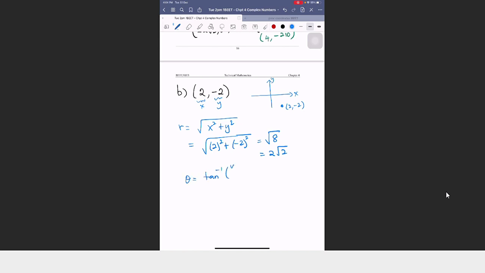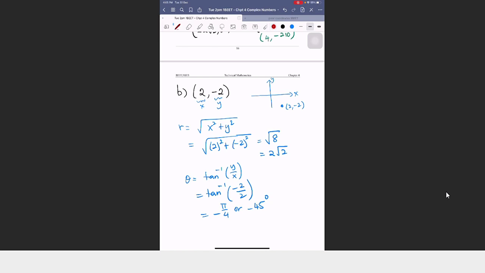And then theta is tangent inverse y over x. So tangent inverse of -2 over 2, in other words tangent inverse of -1. The calculator will give you straight away -pi/4 or -45 degrees. Do you want to change -45 degrees?